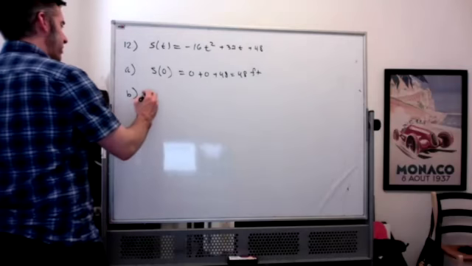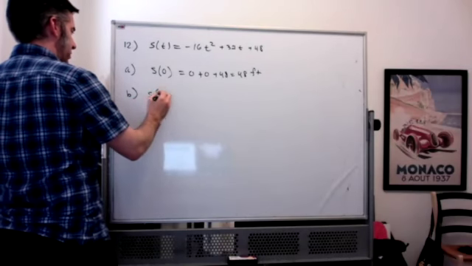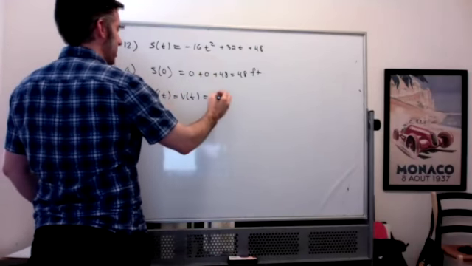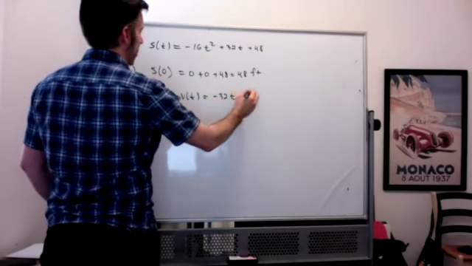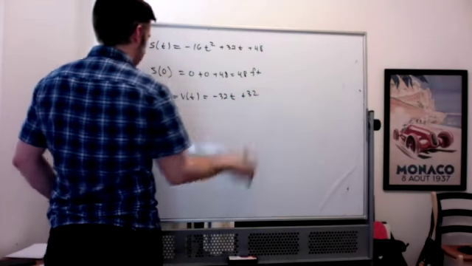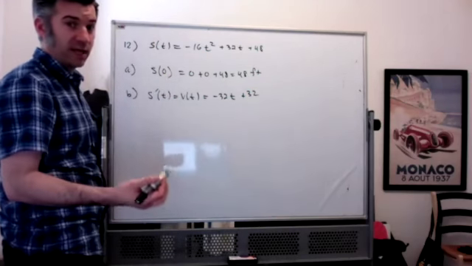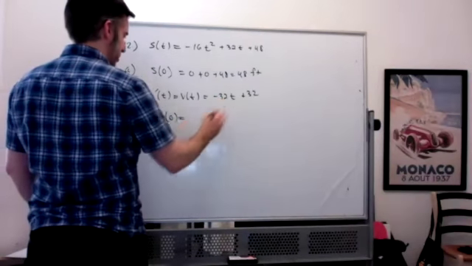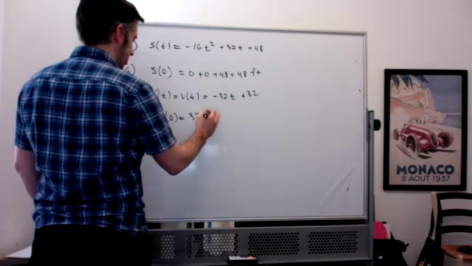So if we find the derivative, s prime of t, which is v of t, that's going to give us negative 32t plus 32. And the initial velocity is the velocity at time 0. So we want v of 0, which will be 0 plus 32. So 32 feet per second.